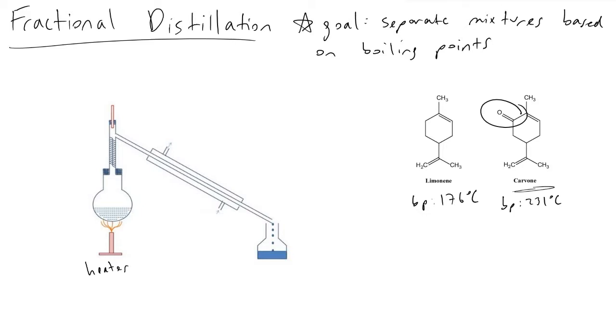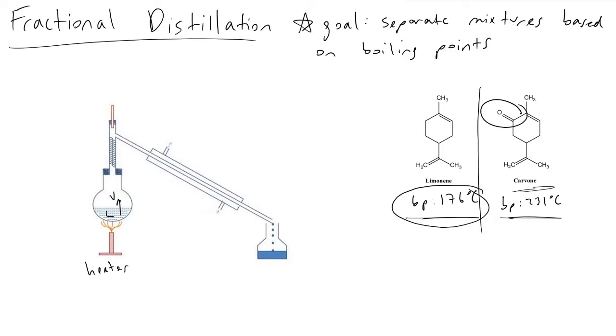And as we heat the solution, we're going to be heating our mixture, and which of these two components will be the first to evaporate? The component with the lower boiling point, which in this case will be the limonene. And so the limonene is going to be a higher concentration in the vapor phase that is exiting the liquid phase.